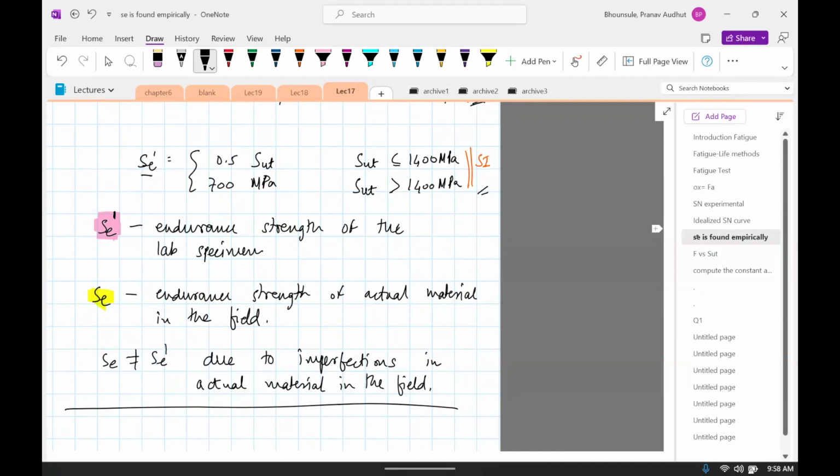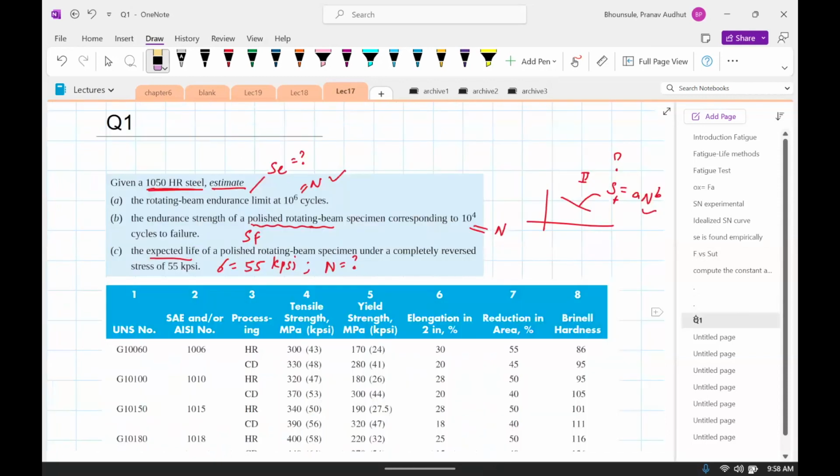So we need to know the ultimate strength SUT in order to compute SE. This question is strictly in region 3. This question is in region 2, like I said over here. I think this is also in region 2 because you have to use the equation.